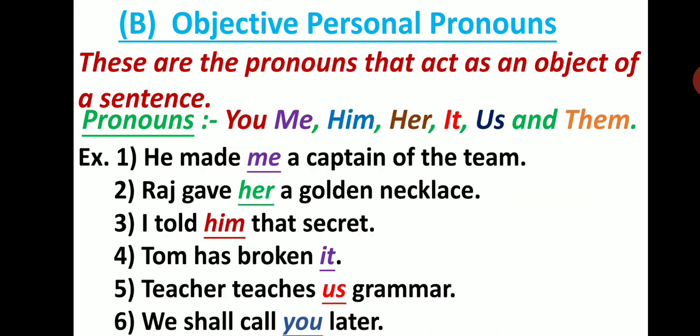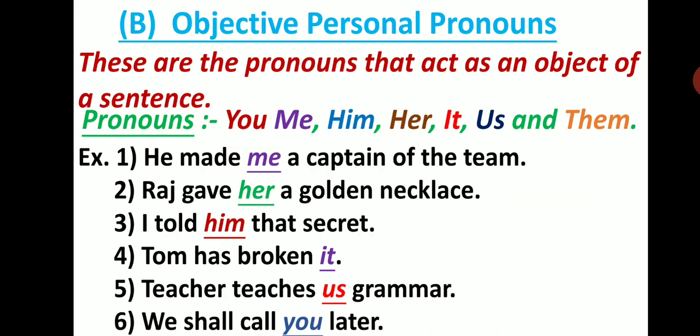First, he made me a captain of the team. Raj gave her a golden necklace. I told him that secret. Tom has broken it. Teacher teaches us grammar. We shall call you later.